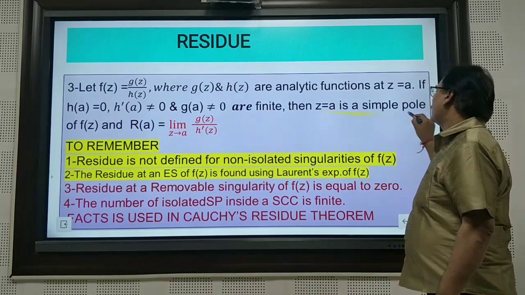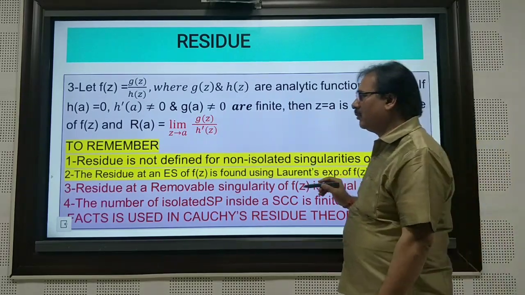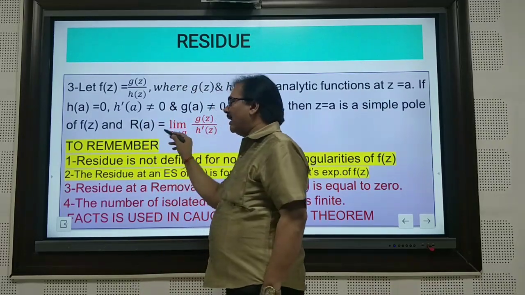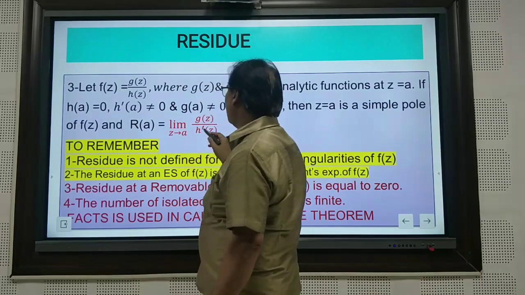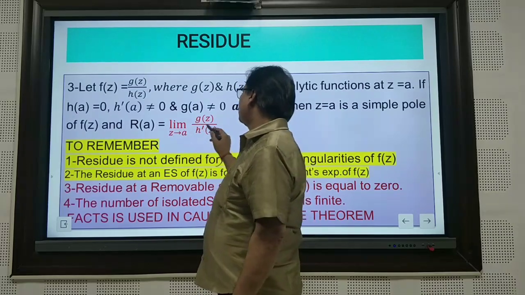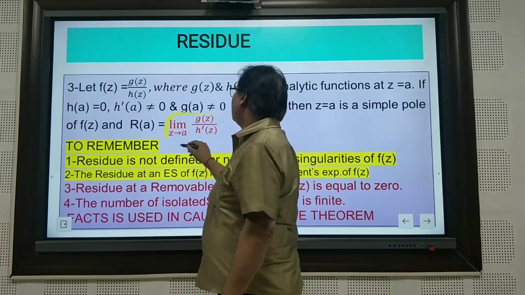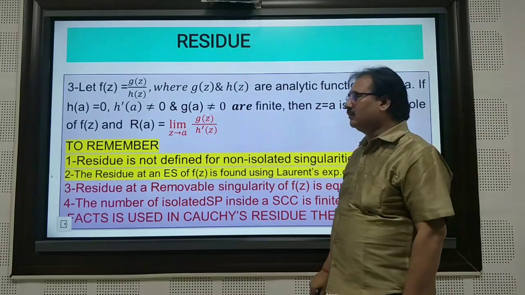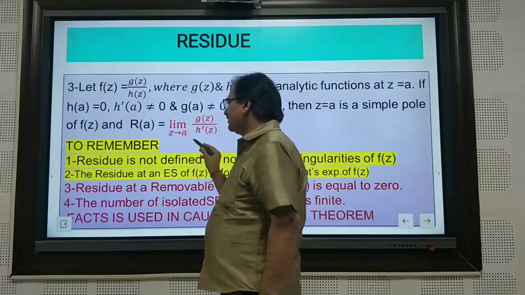Here you can declare that this is a simple pole of f(z), and the residue at Z is equal to A may be written as limit Z tends to A of g(z) divided by h dash (z). So this is the case where we can use this formula.